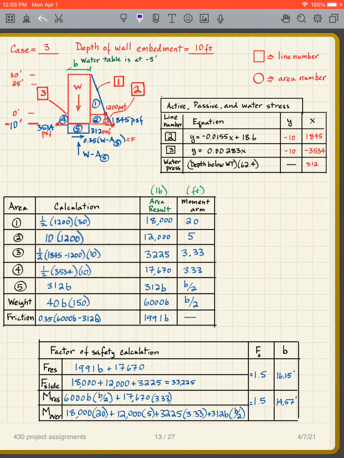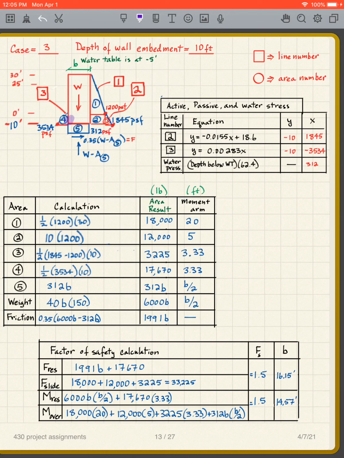Now we need moment arms. We're taking moments about this point, remember? We've got the active zone here, the passive zone there, and we're expecting the wall to rotate about that point, like that. There's my moment going like that.